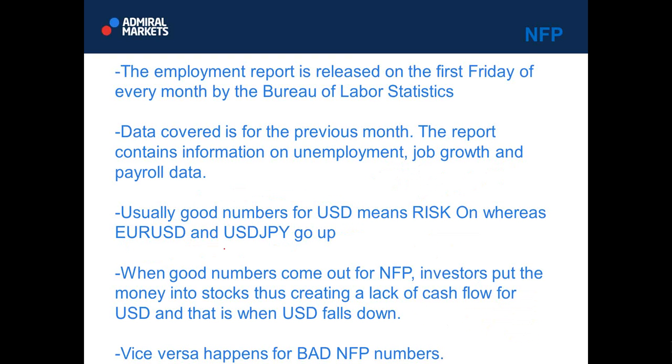So I have come to a conclusion, and I always said it also 2, 3, 5 years ago, that when good numbers come out for NFP, investors put the money into stocks, creating a lack of cash flow for dollar. And that is when dollar falls down.